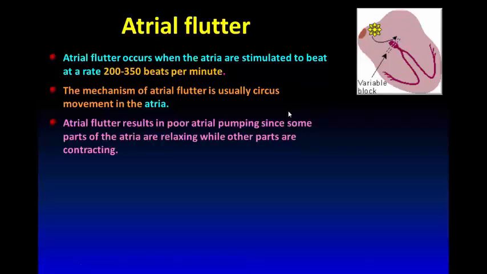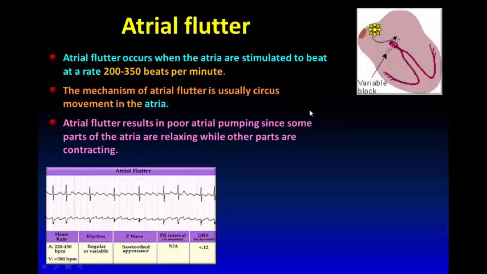Atrial flutter results in poor atrial pumping, since some parts of the atria would be relaxing while other parts are contracting. Here we have atrial flutter in an ECG strip.